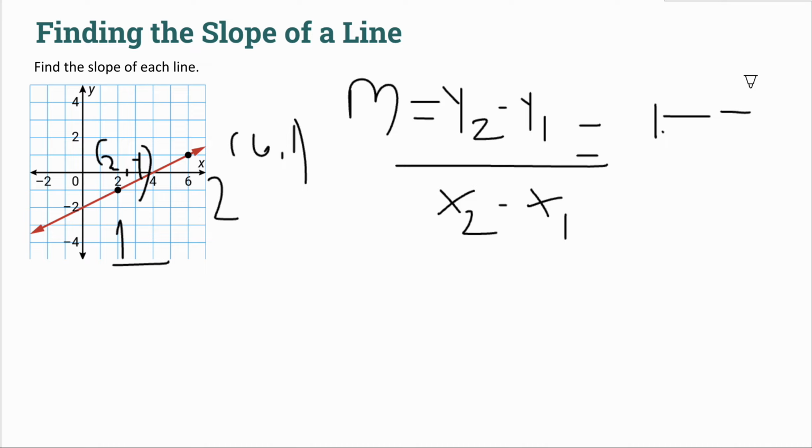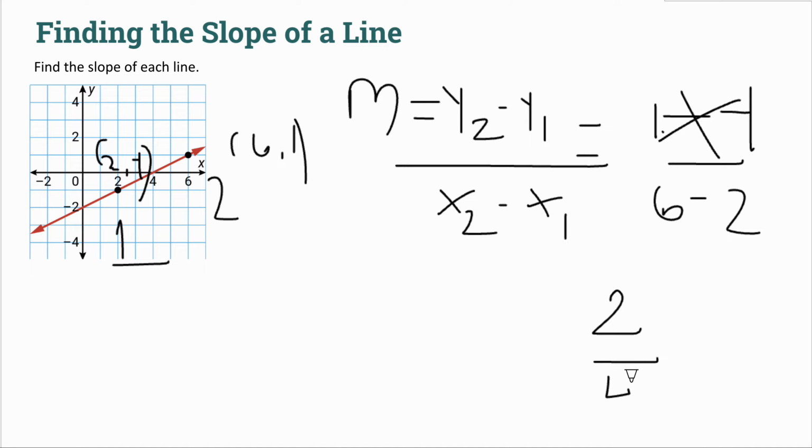So minus negative 1 is just like plus 1, over my second x, which is 6, minus 2. Perfect. And 1 minus negative 1 is just like 1 plus 1, which is 2. 6 over 2 is 4. And if I reduce that, it goes to 1/2.